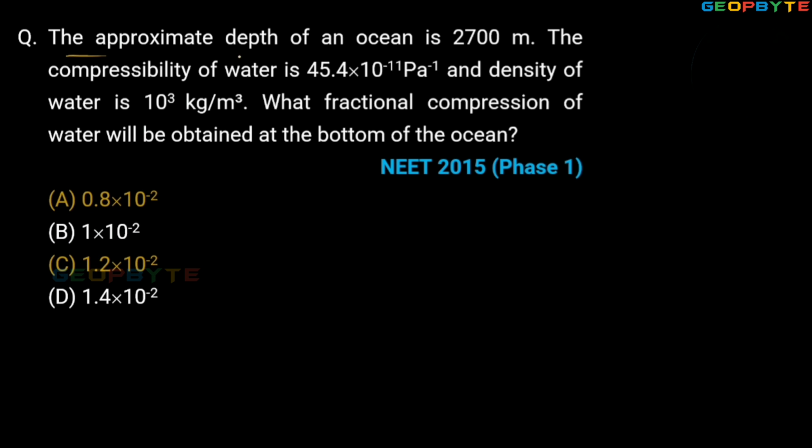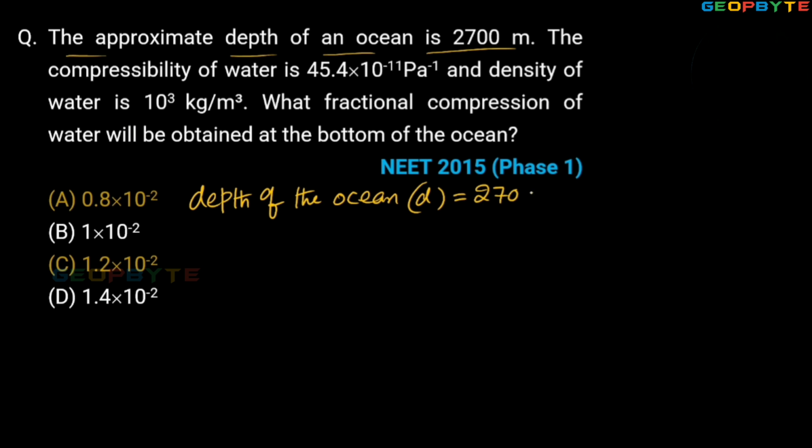Let us take another important problem. The approximate depth of an ocean is 2700 meters. Depth of the ocean, let that be D, equals 2700 meters.